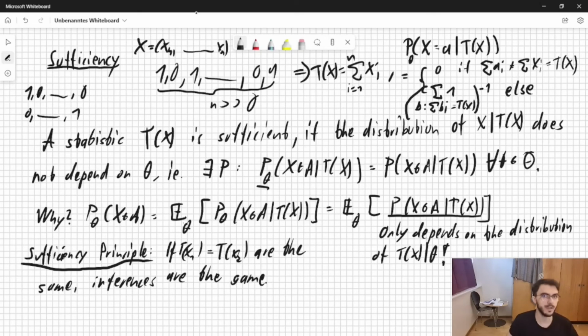So any inference based on the values x1 and x2, even though x1 and x2 might be different. So this might be an example: x1 and x2 are different, but their sum is the same. So any kind of inference that we make on theta is the same.